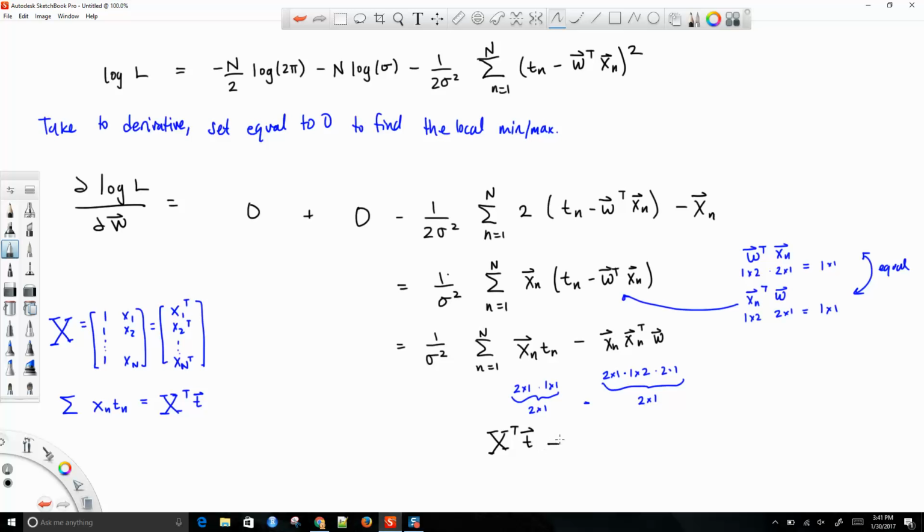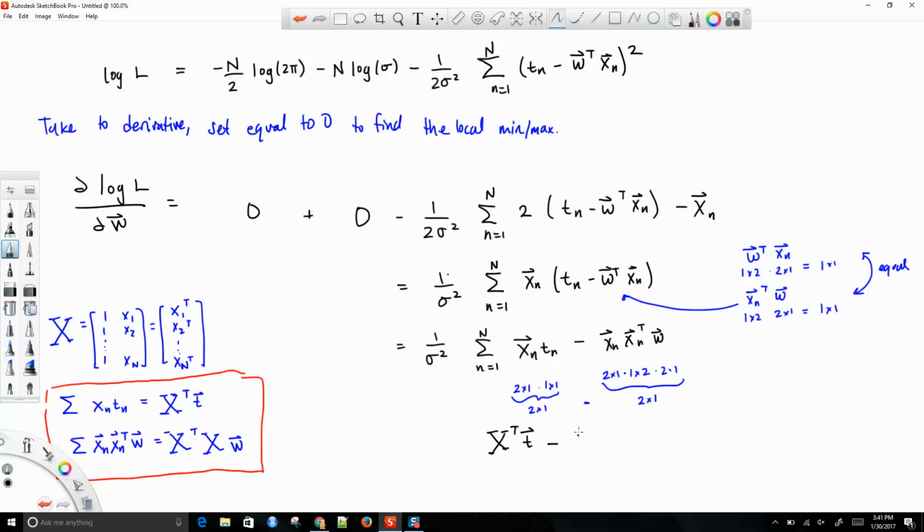And if we also do some more substitutions here, we can see that the sum of xn, xn transpose w, this becomes x transpose x w. These are kind of good identities to know.